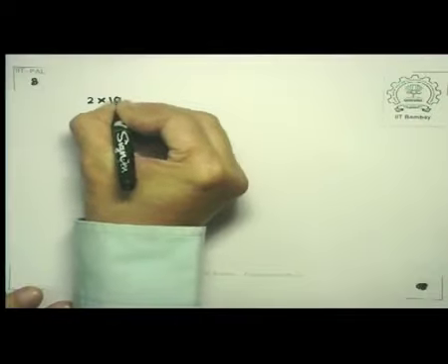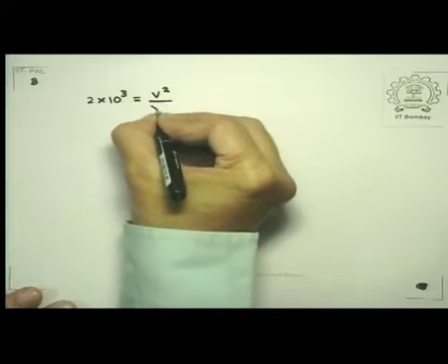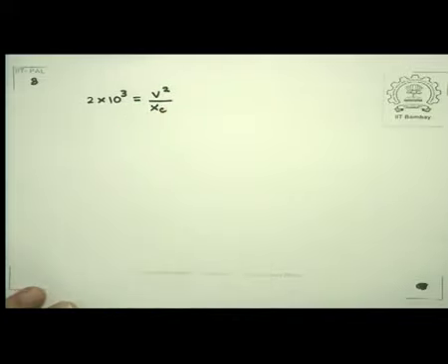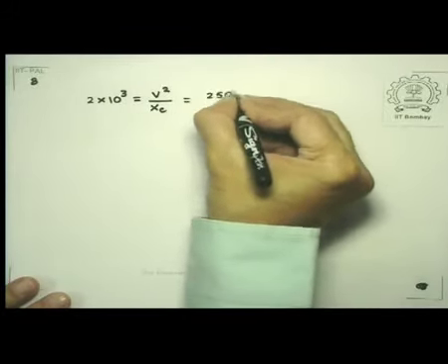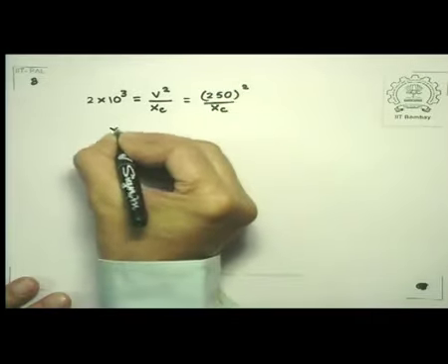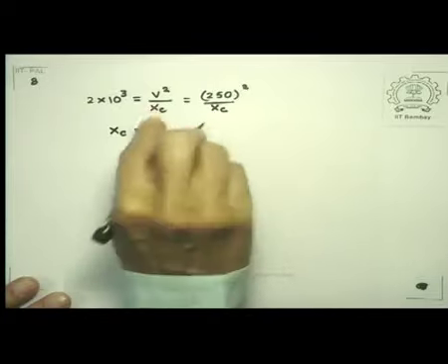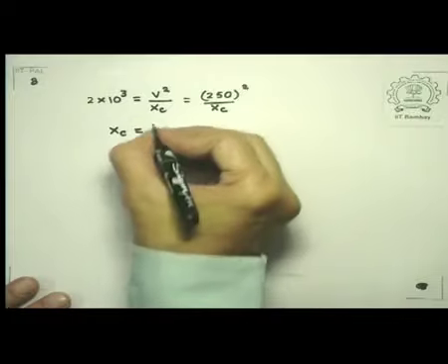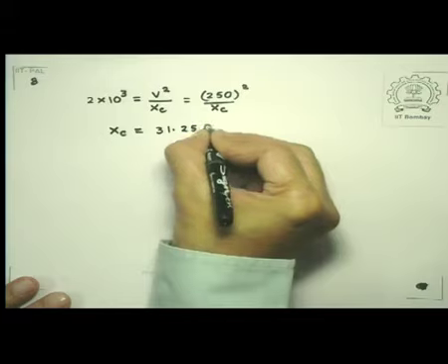So the reactive power is 2 into 10 to the power 3, and that must be equal to the voltage square divided by Xc, and that is 250 square divided by Xc. Now you can immediately check how much is Xc. So Xc is 250 square divided by 2000, and that if you work out, it works out to 31.25 ohms.